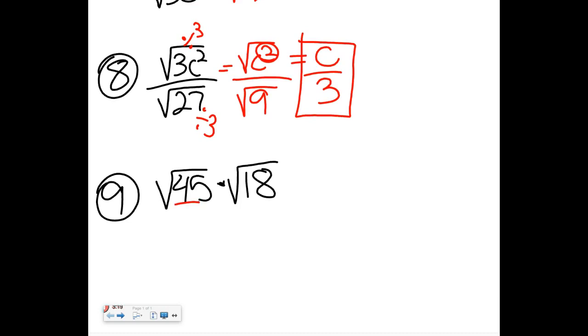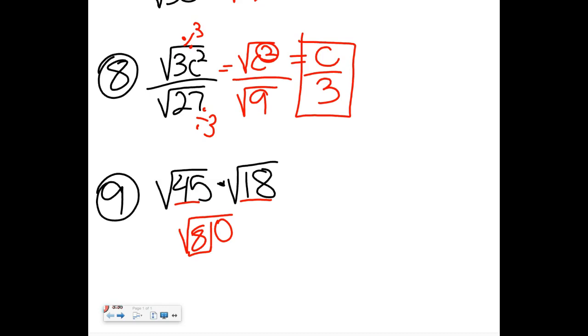I took 45 times 18. When we do that, we now have the square root of 810. I hope alarm bells are going off, because if I cover that 0, 81 is a perfect square.